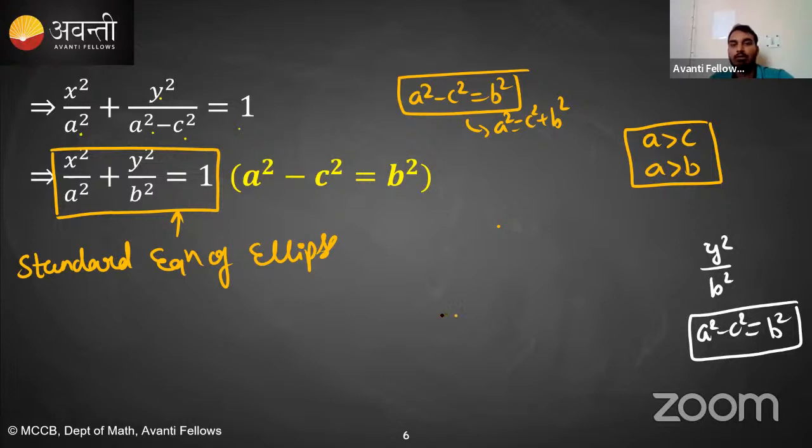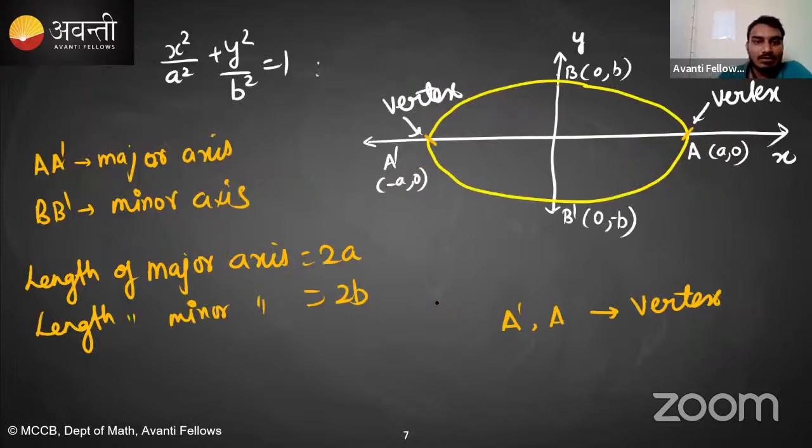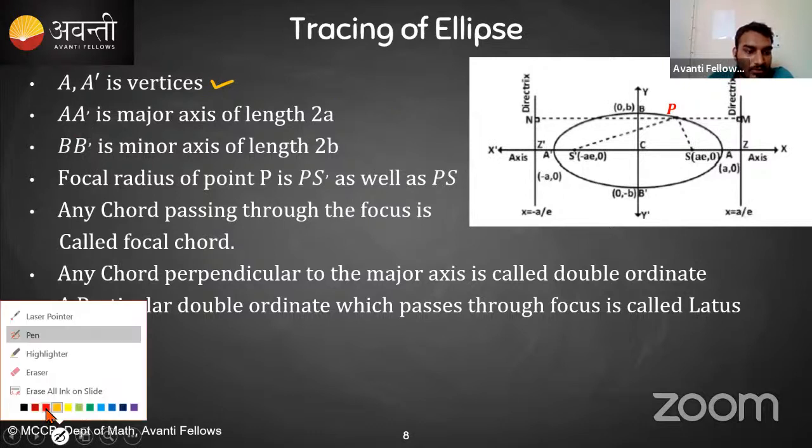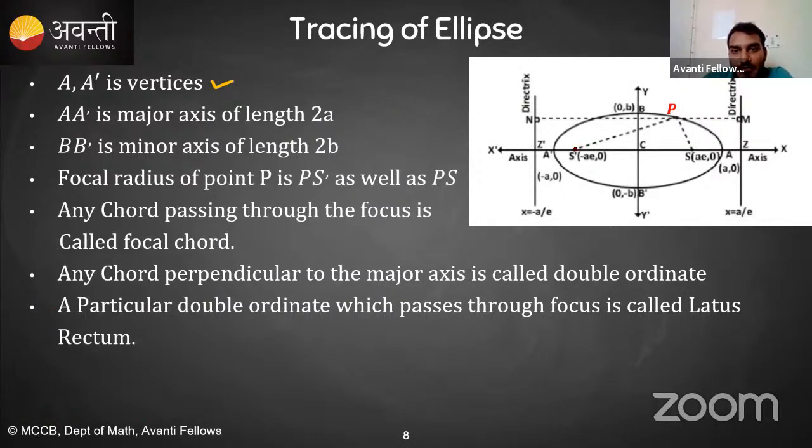Okay, chalo. If it is clear, students, then let's look at the terminology related to the ellipse. Majority of the things I have explained here only, but let's look into that. First of all, I have told you that A and A dash are known as vertex. We will come to the focus coordinates, don't worry how this a comma is coming.